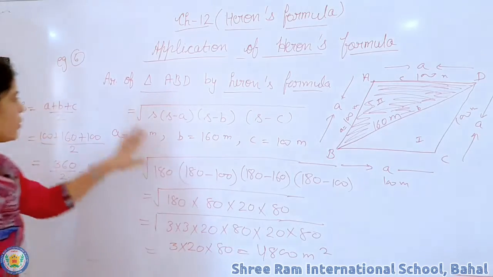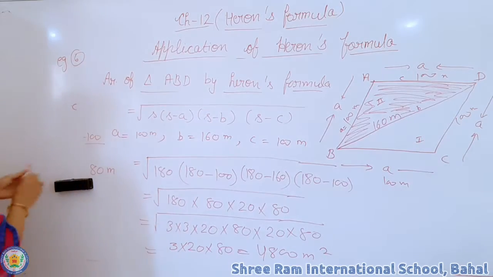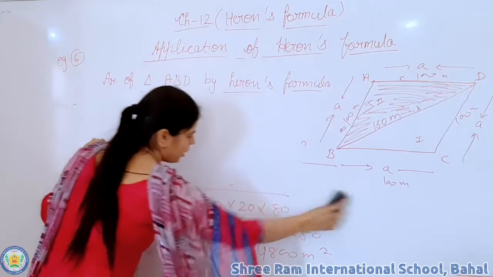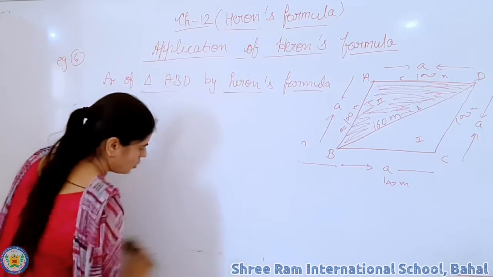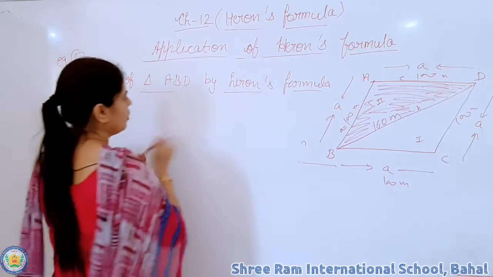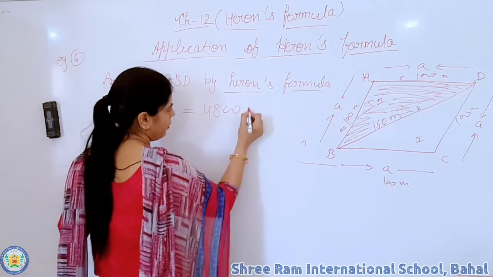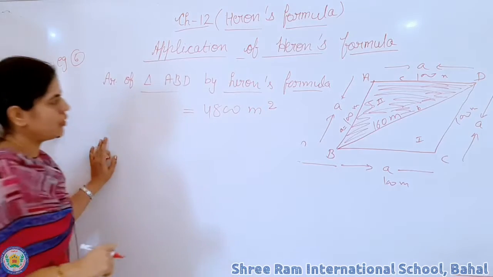Clear? So the area of triangle ABD is equal to 4800 meter square.